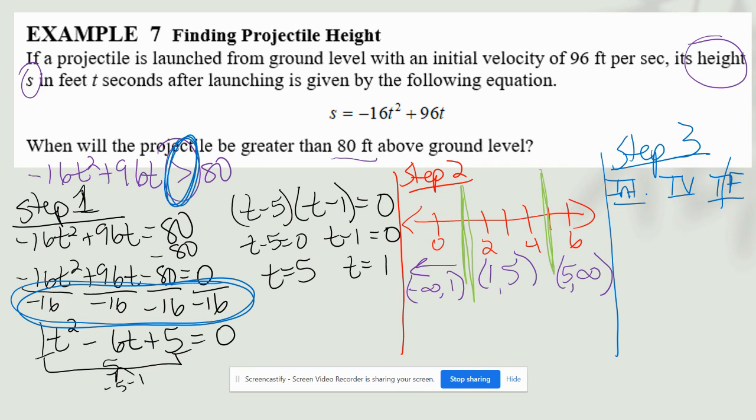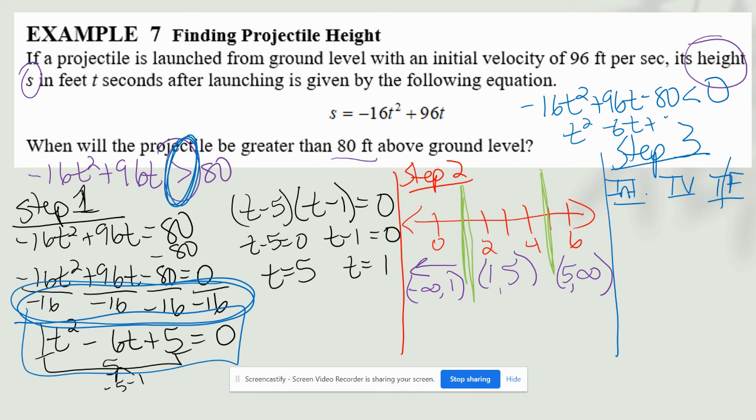So this inequality is actually going to be negative 16t squared plus 96t minus 80 is less than 0. If you're comfortable with it, you can use the reduced form of t squared minus 6t plus 5.